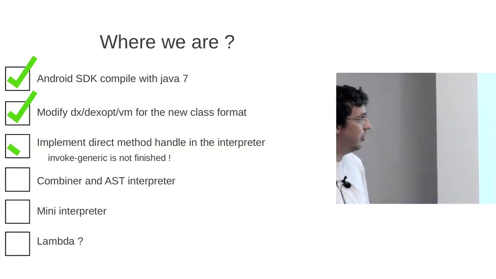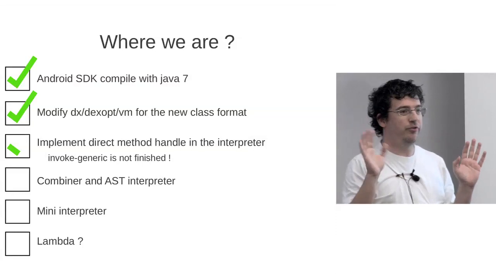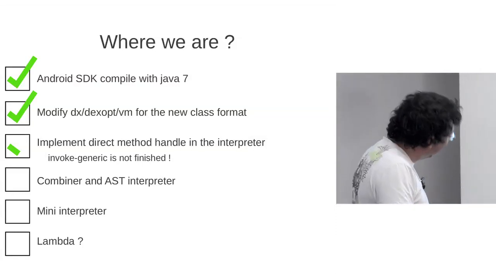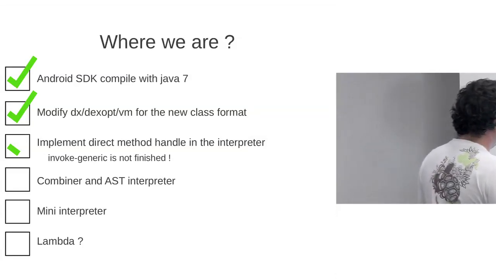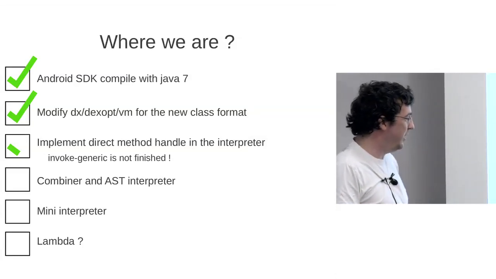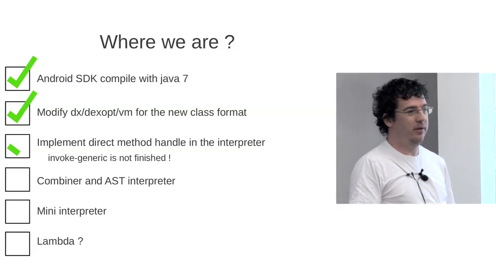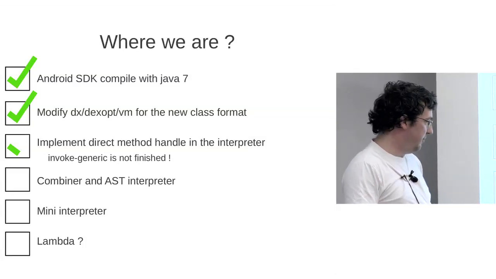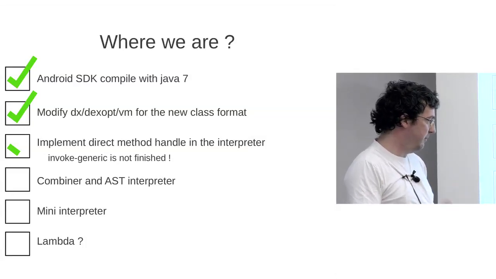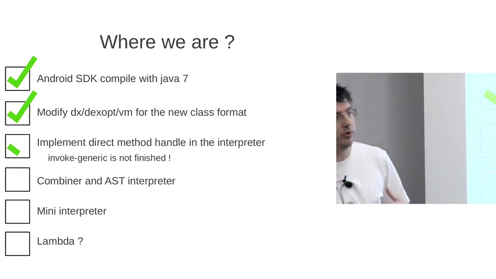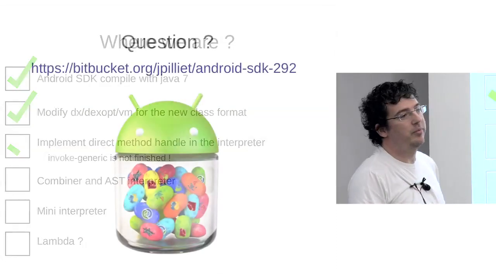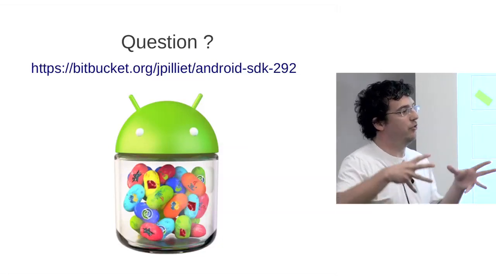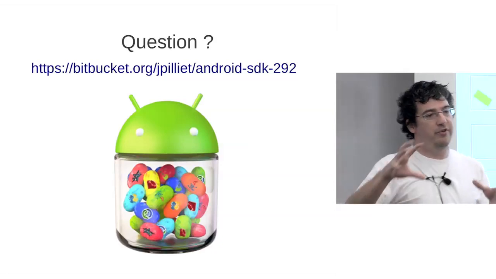We will have to implement the combiner, the mini interpreter, and we hope to have an interpreter which is able to execute Java 8 Lambdas really well, because the kinds of method handles that are used are very specific.